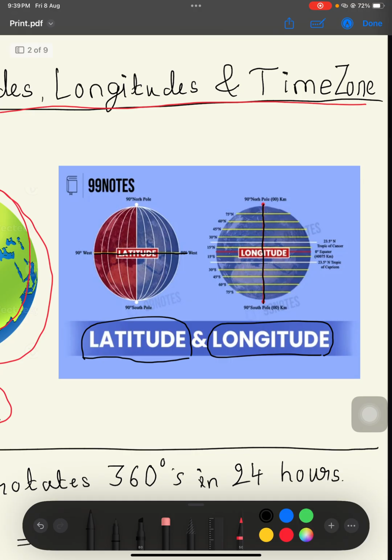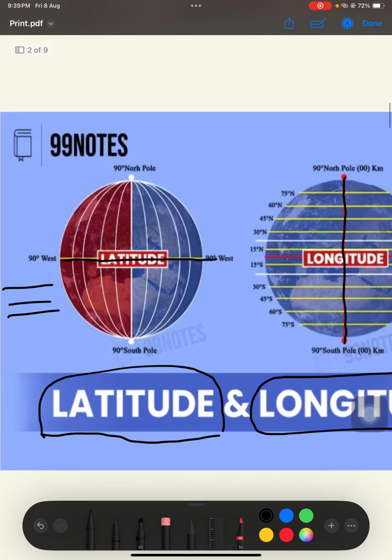Okay, students, latitudinal lines are horizontal lines like this on Earth. Vertical lines on the globe are called longitudes. The first latitude is 0 degree latitude.